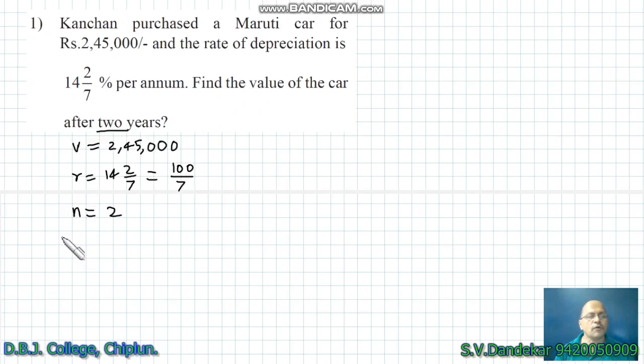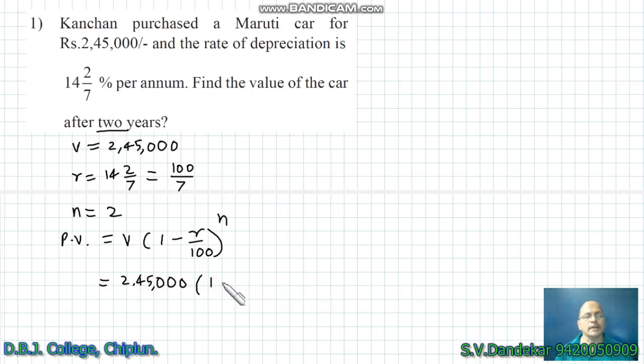Now the formula: present value is equal to value into (1 minus R/100) bracket raised to n. So the present value is 2,45,000 into (1 minus 100/7 upon 100) bracket square.